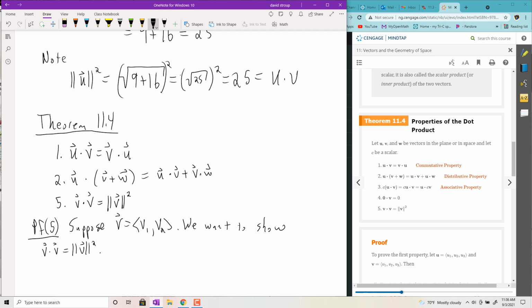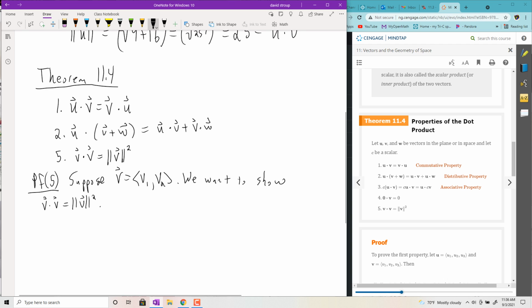So usually what happens in these kind of proofs, we want to start on one side of the equation and then use algebra, definitions, substitutions, properties of real numbers in order to get to the other side of the equation. So let's start on the left-hand side.